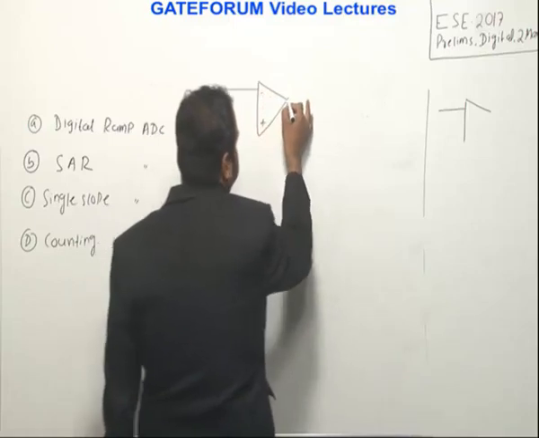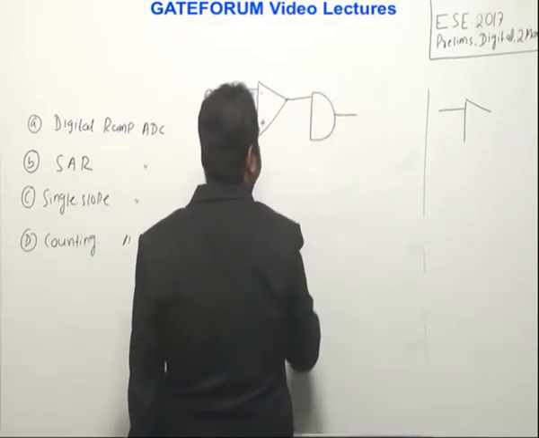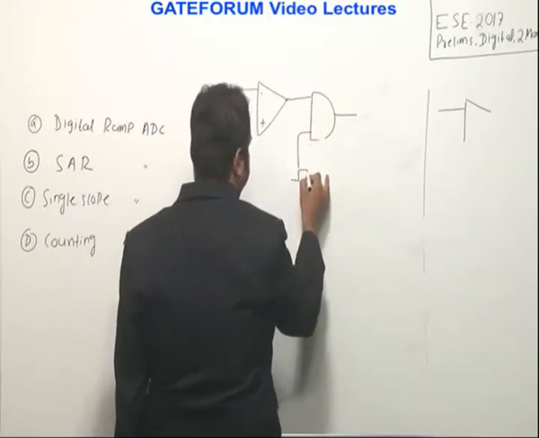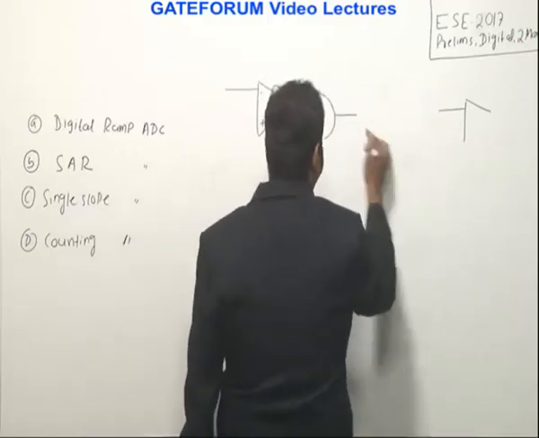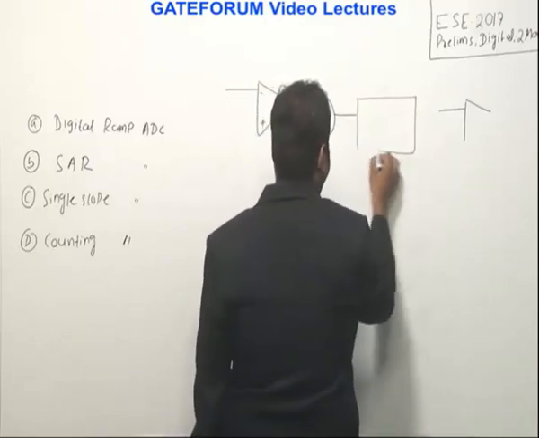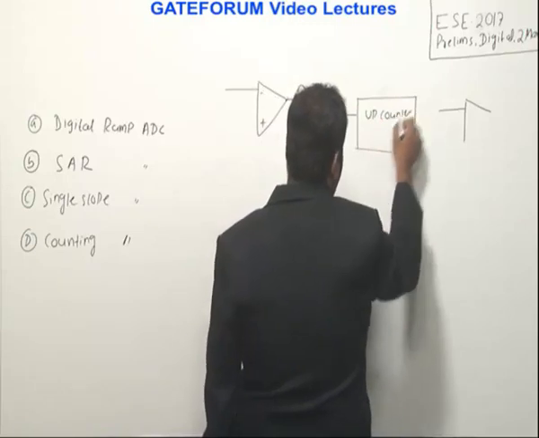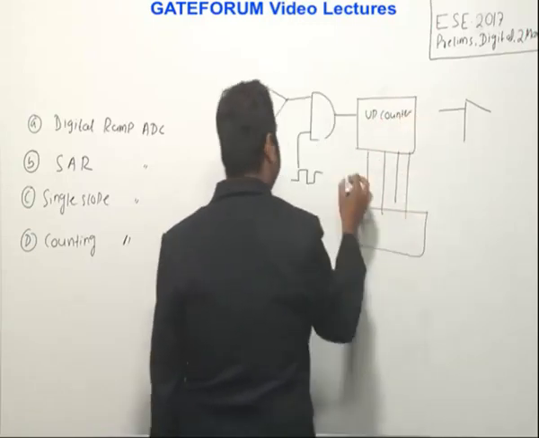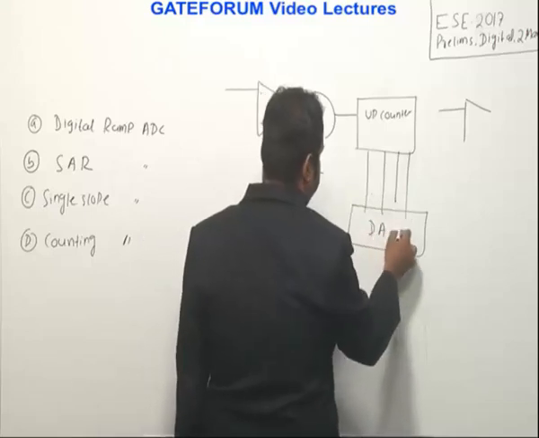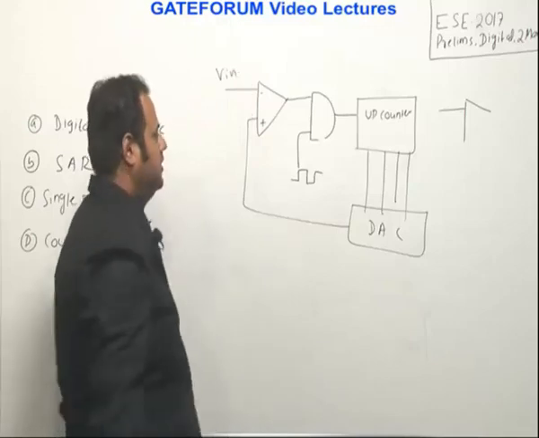We connect this to some clock and give it to an up counter, and the output of this counter we again give to a block called DAC, and this is again compared with this. This is the analog input.